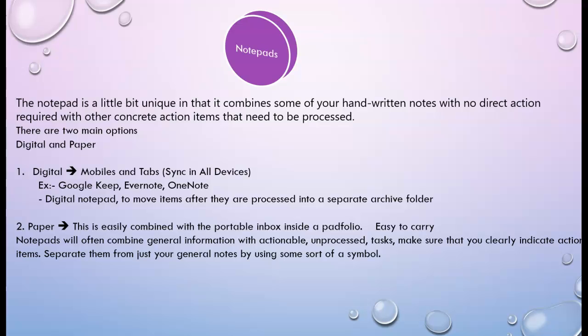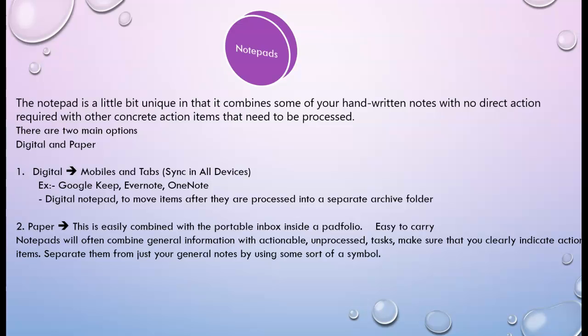The notepads will be combining general information, for example action items and unprocessed tasks, so make sure that you clearly indicate which items are unprocessed or need some attention. You can use a checkbox, or a star, or maybe a simple currency symbol or something like that, which makes it unique for you to identify, hey, I need to process this somewhere. There are different ways for you to manage this, like we talked about in the digital.